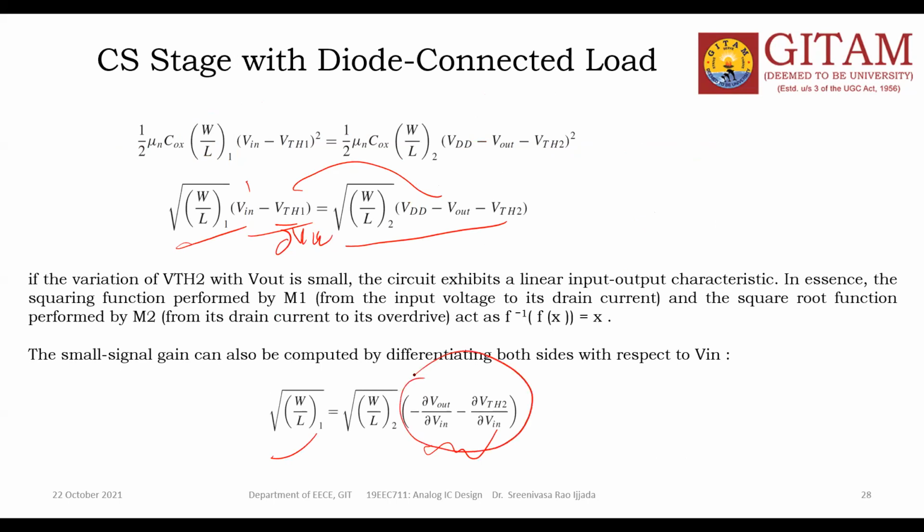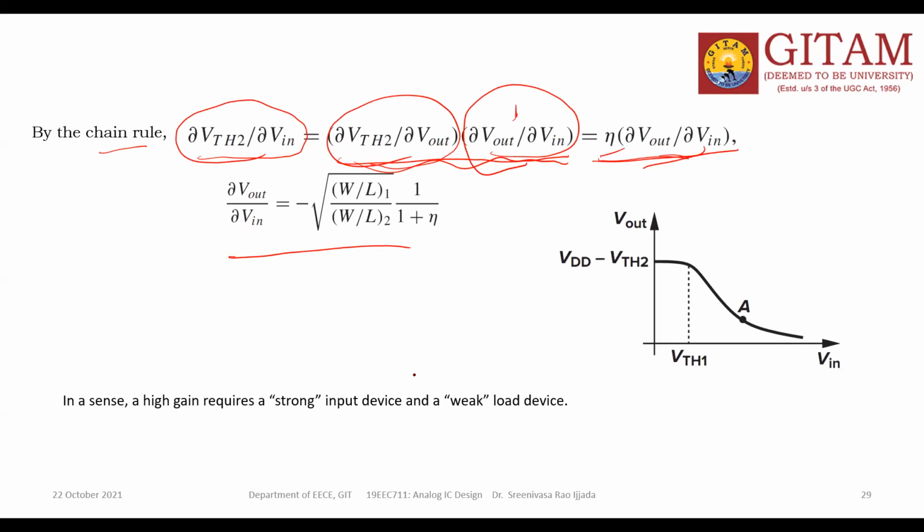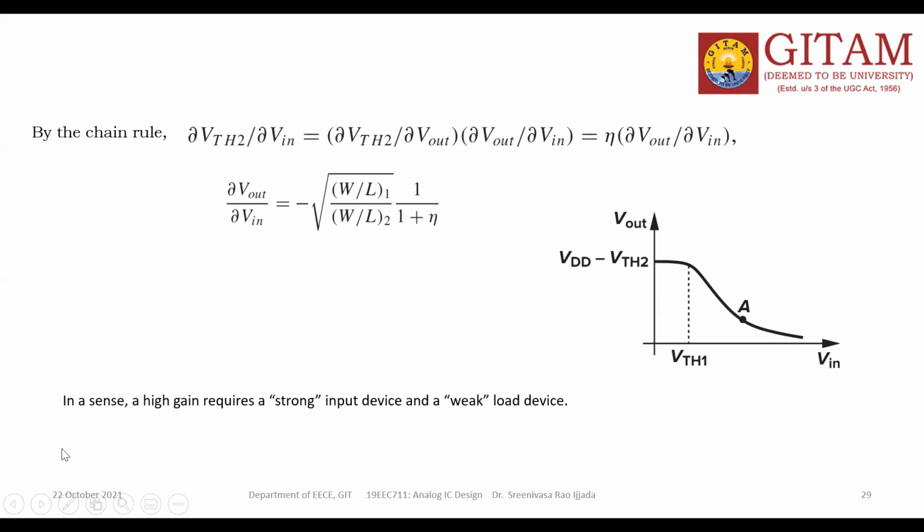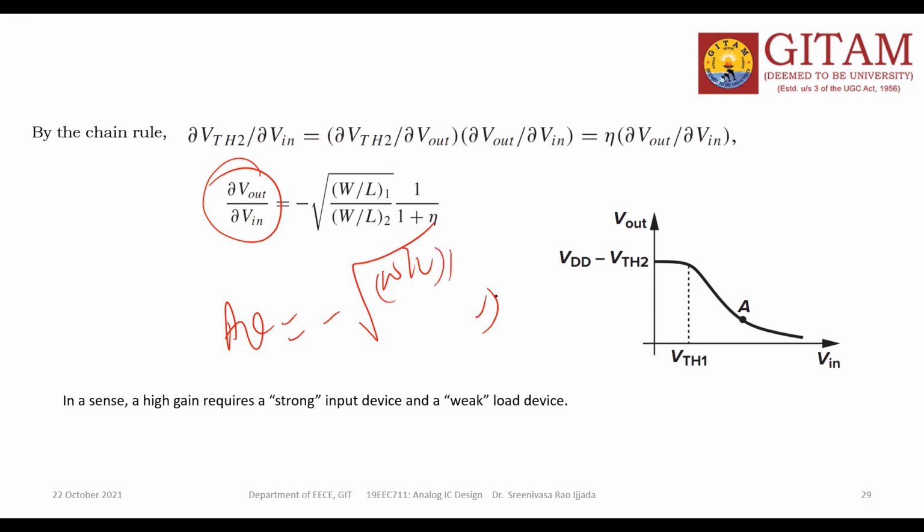Then you will get the change in output by change in input, which is the voltage gain AV. AV is equal to minus square root of (W by L)1 by (W by L)2, into 1 by (1 plus eta).